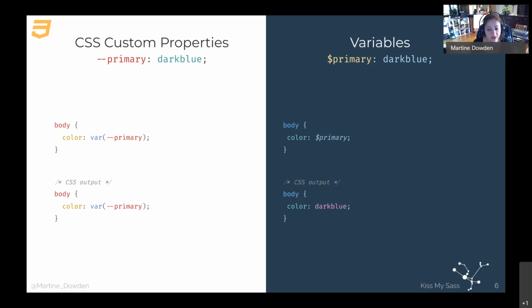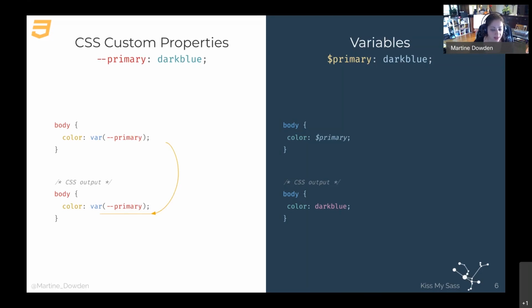Sass variables, which is that part that you see on the right over here with the dark blue background, are all compiled down to their values. So when the Sass is compiled into its CSS output, you will see that the variable gets transformed into its value. On the other hand, with CSS, the value stays a variable.